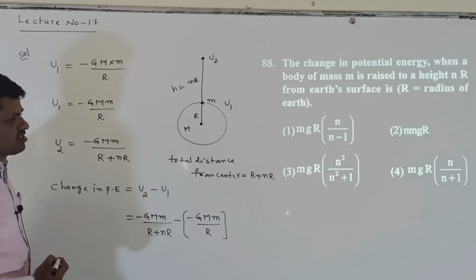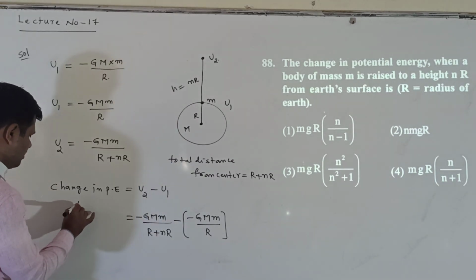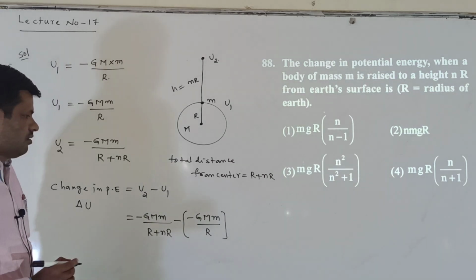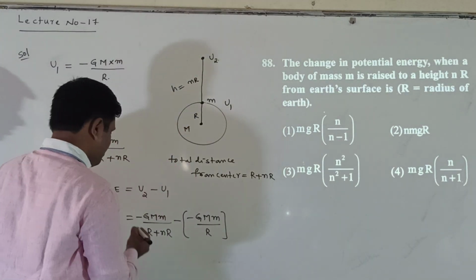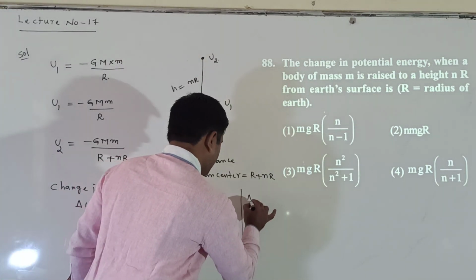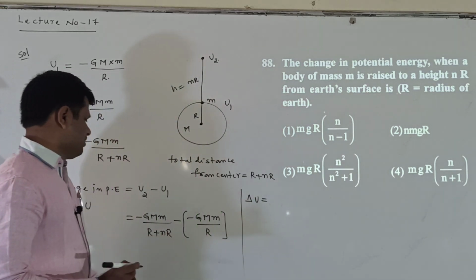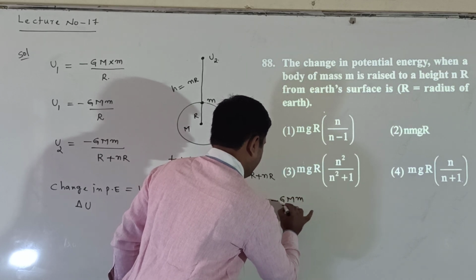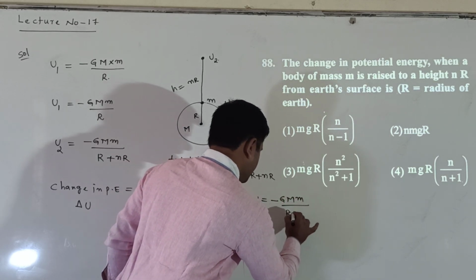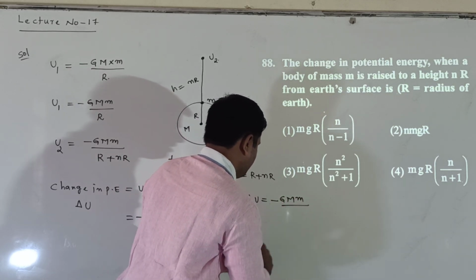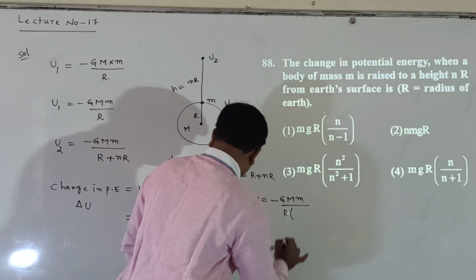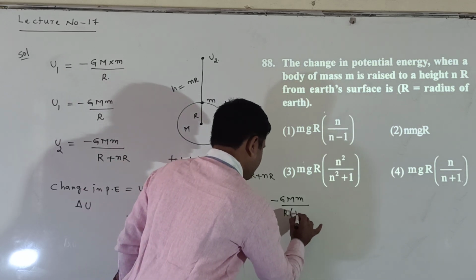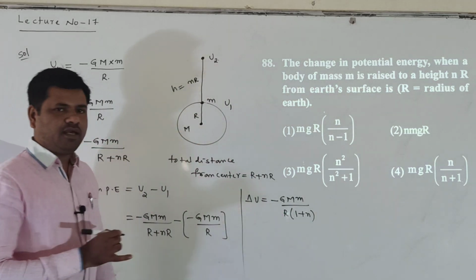Suppose I denote the change in potential energy with delta U. Now I am writing the delta U value. Here this is minus GMm by R plus nR, or taking R common, we simply get R into (1 plus n). Okay, clear?